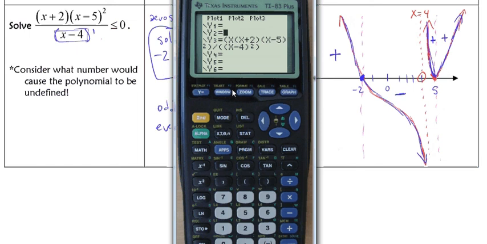Let me change our window here. Ymax at 100. And so I'm going to graph this and take a look at it. Oh, got to make sure I tell it to graph it.